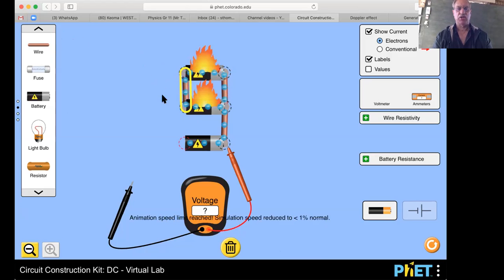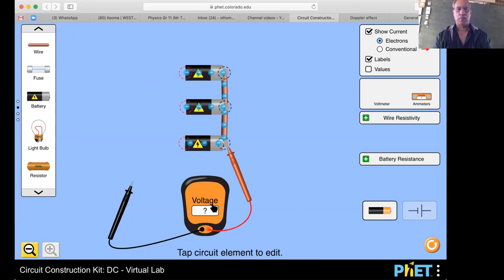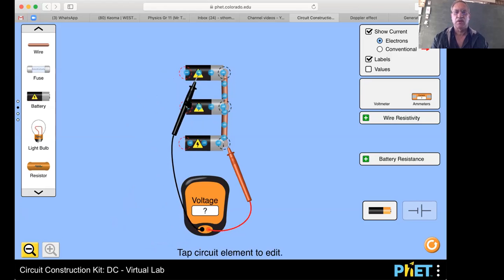Okay, so why is the current flowing? Let's just delete that there, and let's figure out why a current is flowing. That's 800 volts. That's 100 volts. So obviously the current from the 800 volt battery is overpowering the 100 volt battery, and it's just shorting, causing a huge current to flow through there.